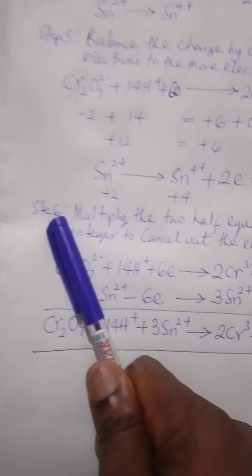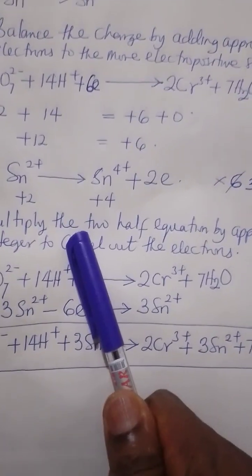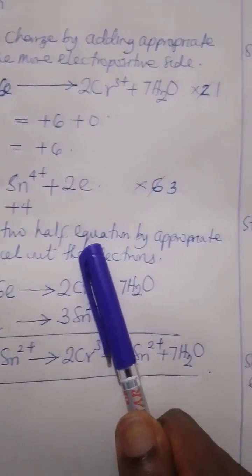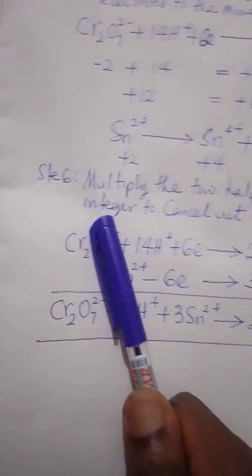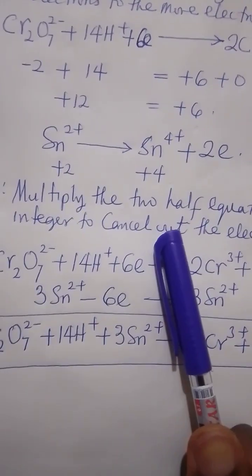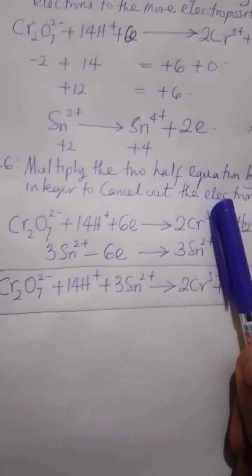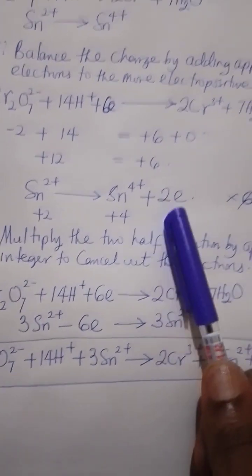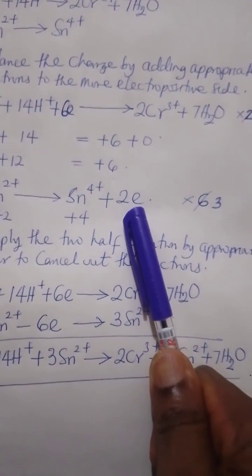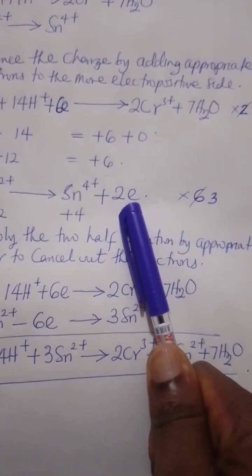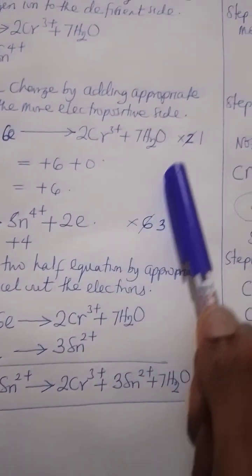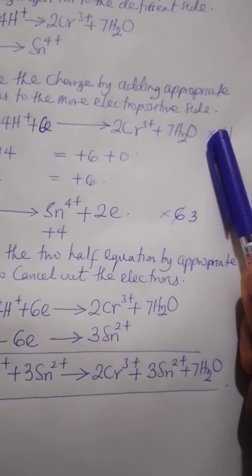Step 6. Multiply the two half equations by appropriate integers to cancel out the electrons. You have to carry out this carefully. Here we have 2 electrons. We will use this integer 2 to multiply the first half equation.